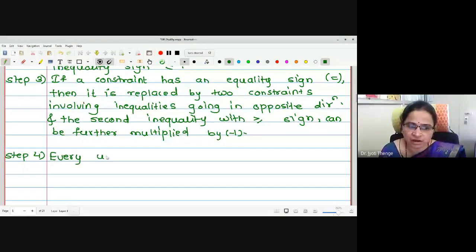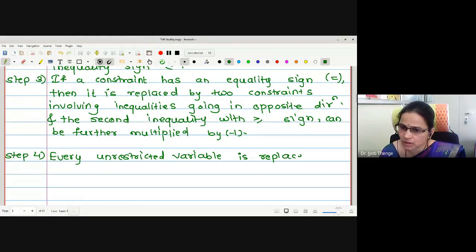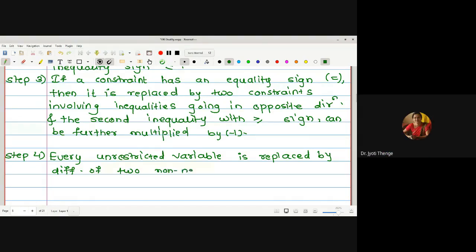Therefore, here every unrestricted variable is replaced by the difference of two non-negative variables.